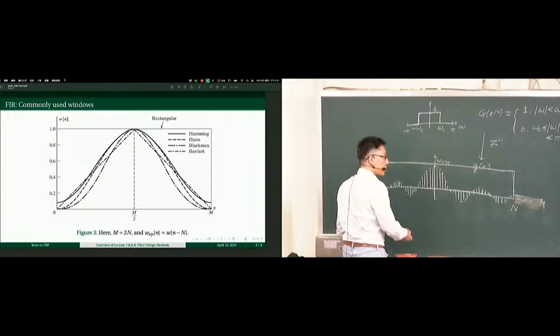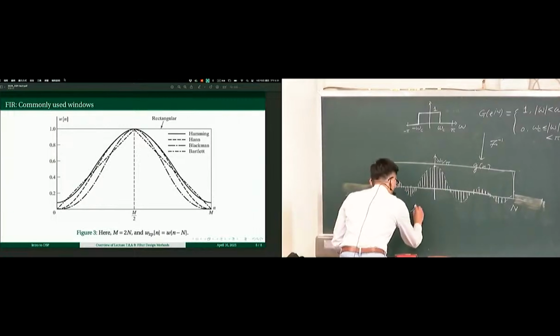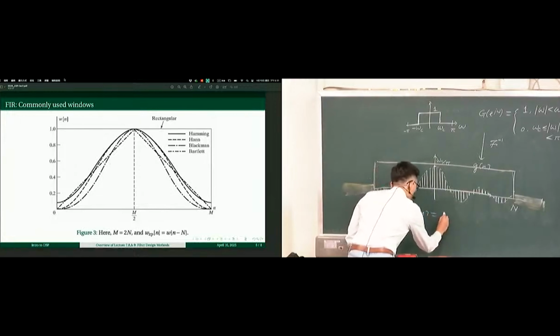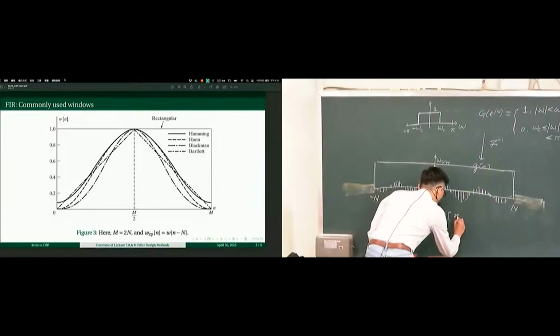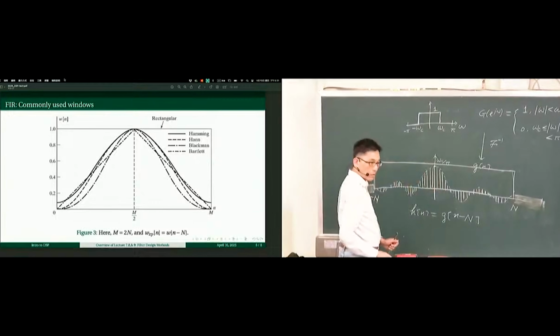Your final design might be something like this: let's make h equal to g of n shifted to the right, n minus N. Then we say this is your design.